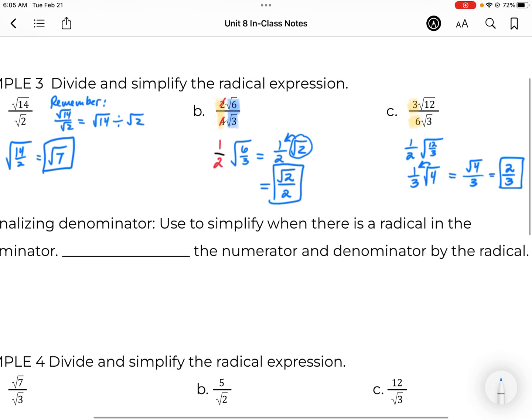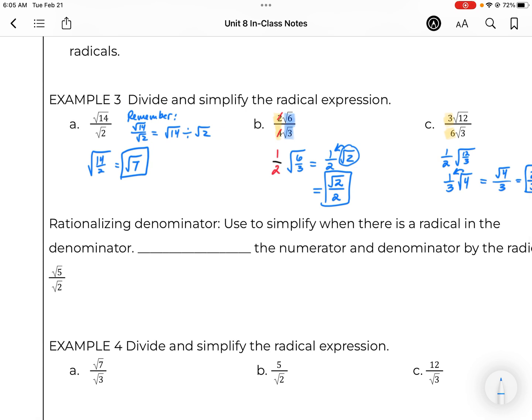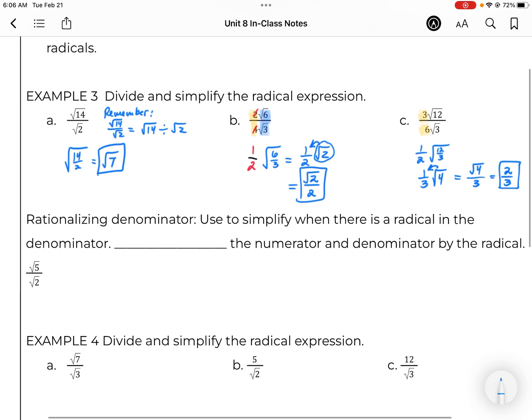All right, now we can go on to the process of rationalizing a denominator. This is when there ends up being a square root on the bottom of a fraction that can't be simplified any other way. We're going to use this to simplify when there's a radical in the denominator. That's the bottom of the fraction.